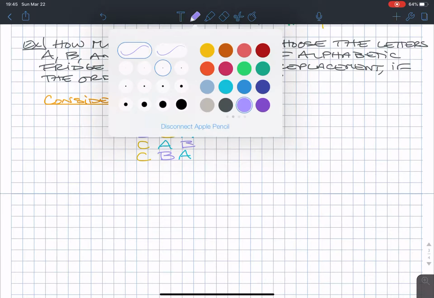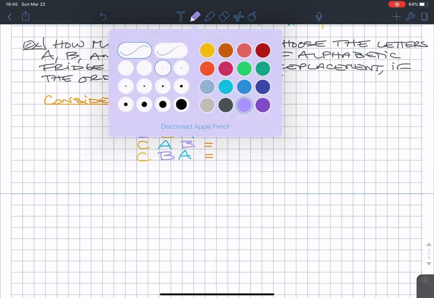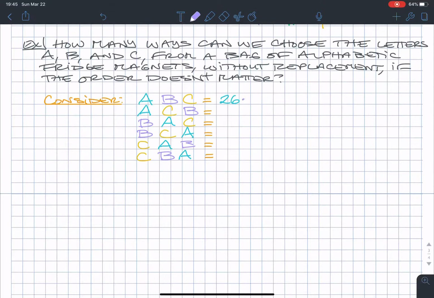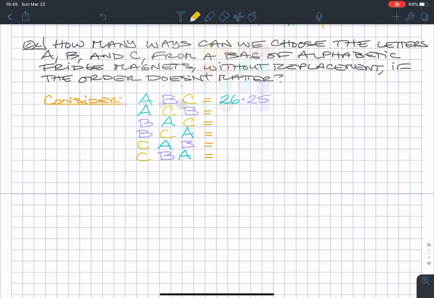So in the first case, what do I have? So up here at the top, it looks like there's 26 ways to choose A first, but once I've chosen A, there's only 25 letters left. So there's 25 ways that I could choose B, and then there'll be 24 ways to choose C.